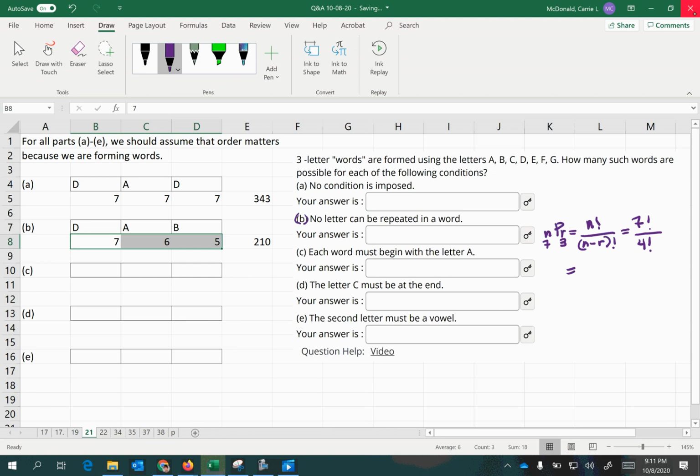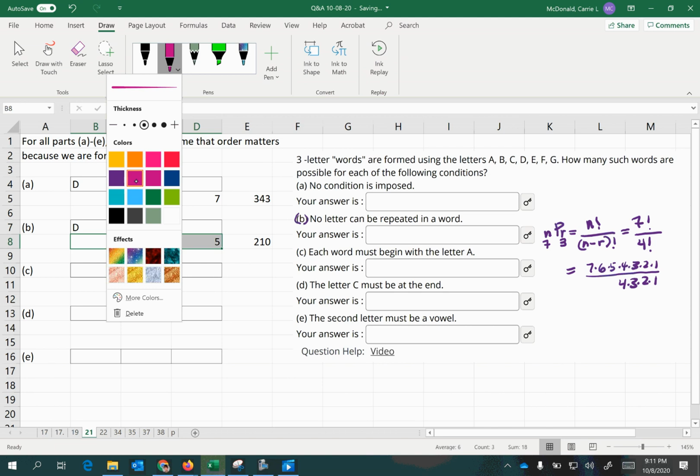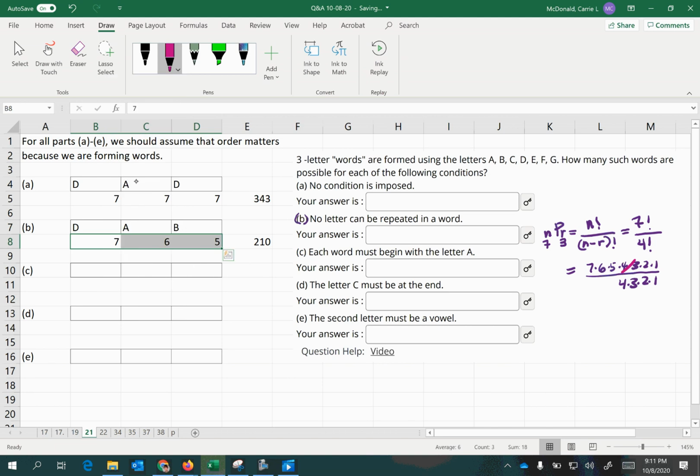If I expand 7 times 6 times 5 times 4 times 3 times 2 times 1, and expand the bottom as well, a lot cancels off. Notice that I get the same result as with the fundamental counting rule.